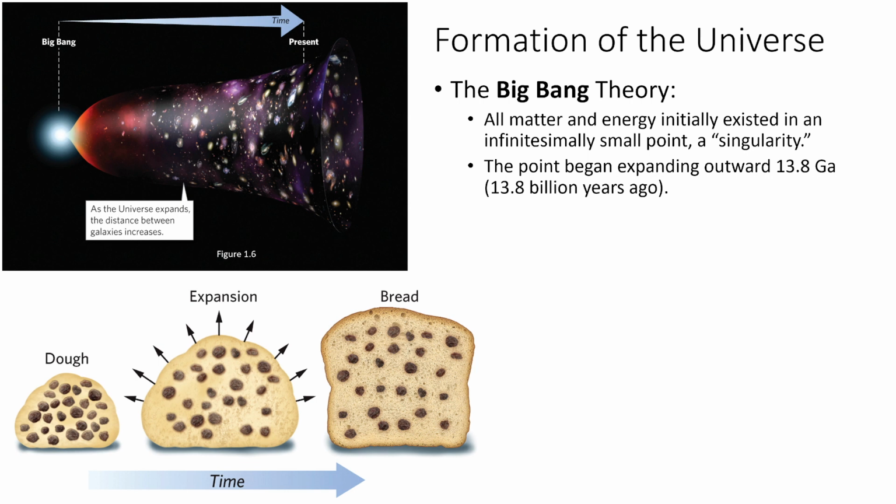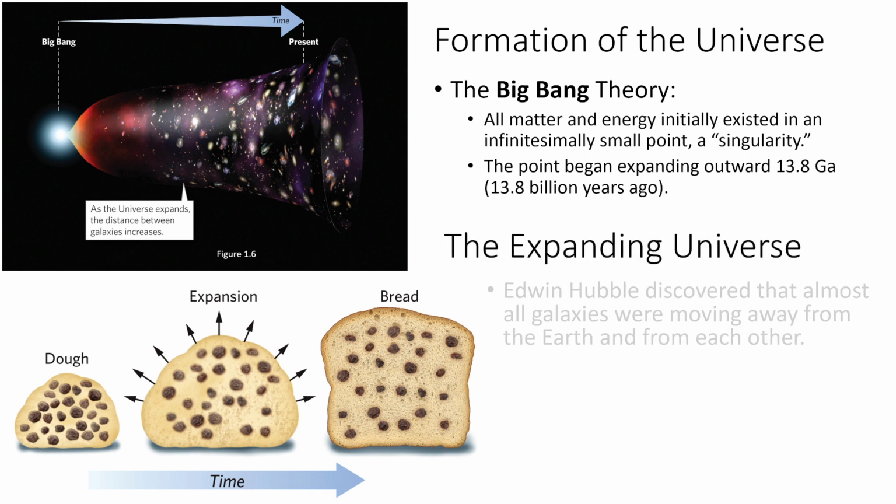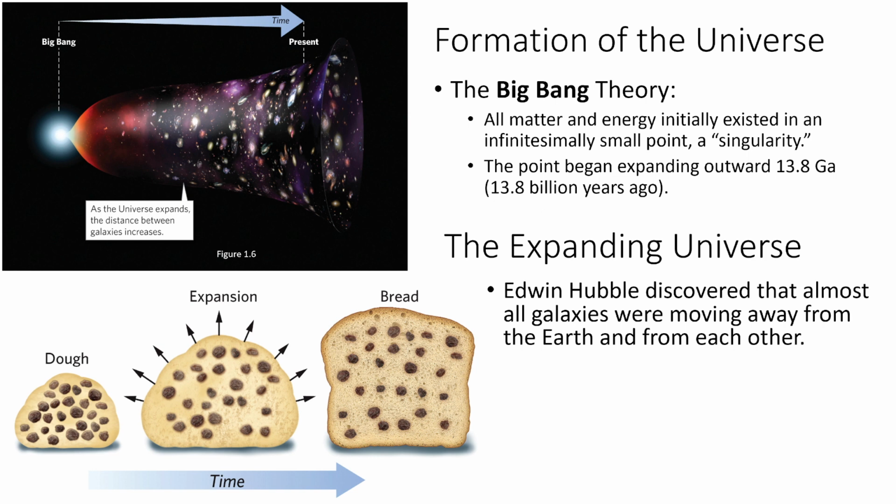A great way to think about this is the raisin bread analogy, which is a great way to think of the expanding universe. Edwin Hubble discovered that most all galaxies were moving away from Earth and one another, back in the 1920s.